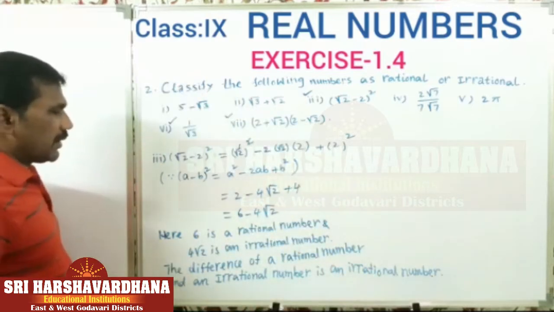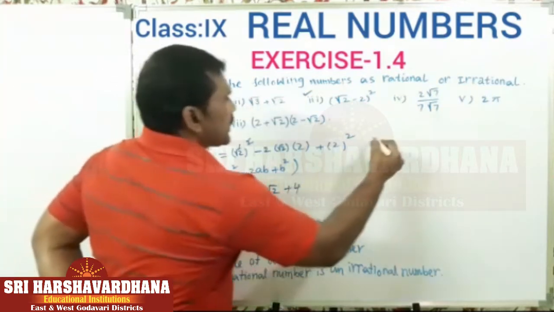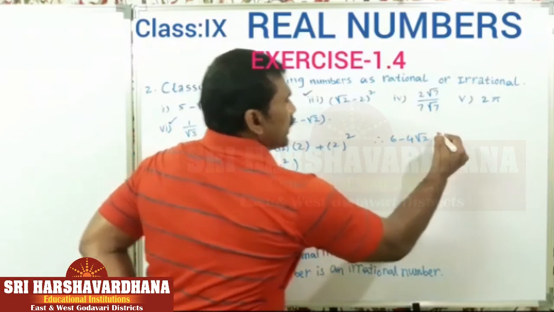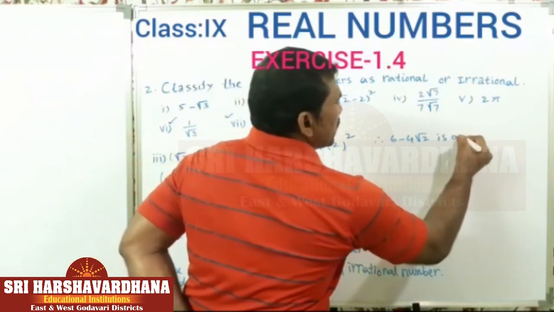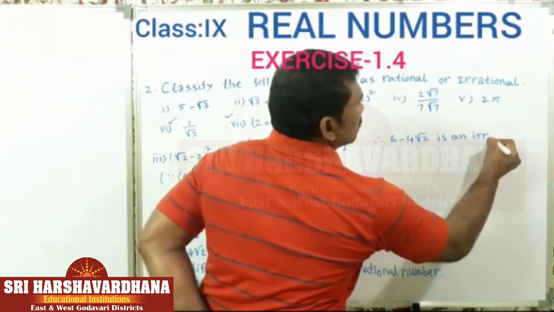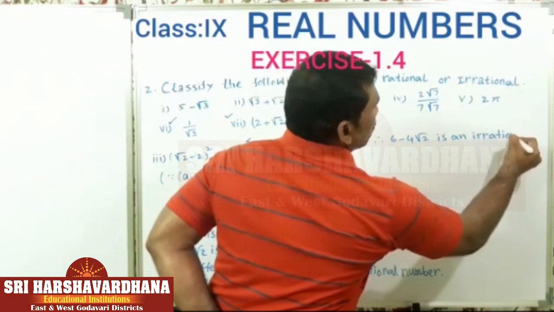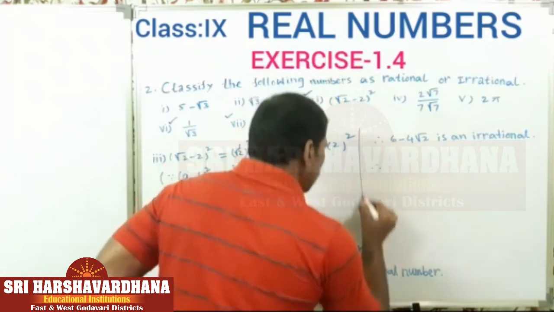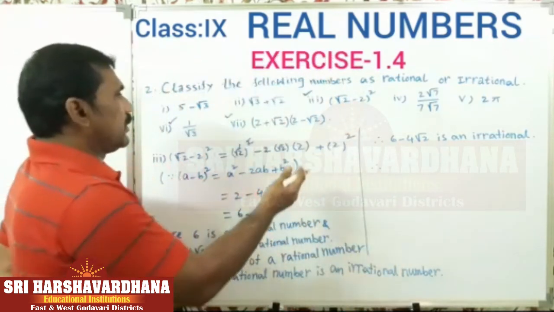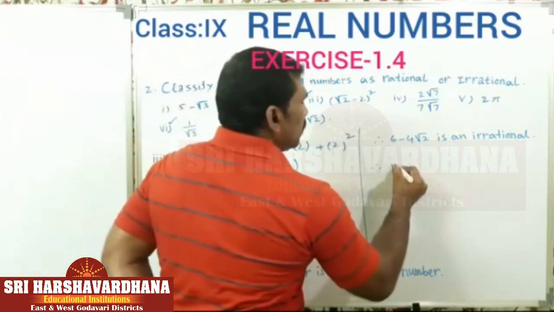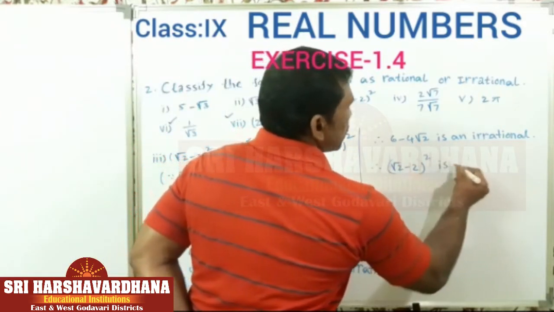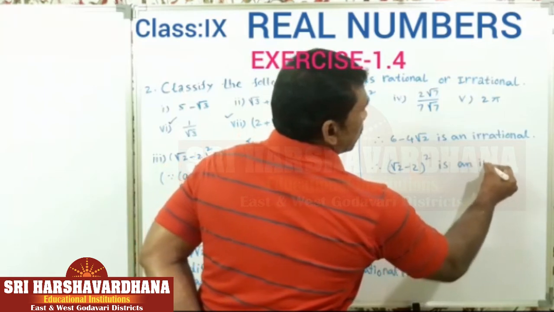Therefore 6 minus 4 root 2 is an irrational. Therefore root 2 minus 2 whole square is an irrational number.